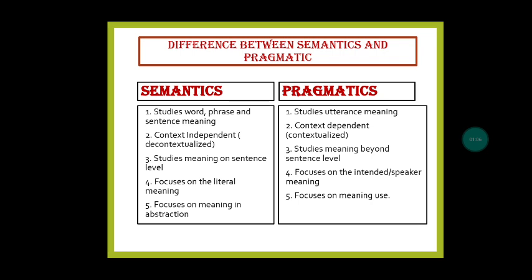Semantics studies the meaning on sentence level, whereas pragmatics studies meaning beyond the sentence level. Also, semantics focuses on the literal meaning, whereas pragmatics focuses on the intended meaning or the speaker meaning. Semantics focuses on meaning in abstraction, whereas pragmatics focuses on meaning in context.